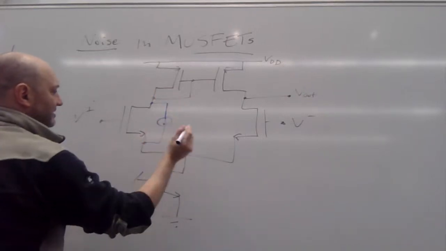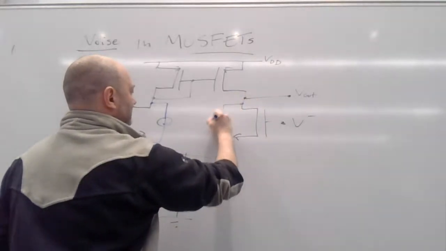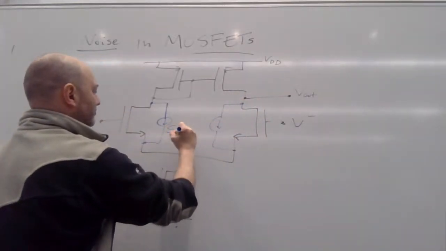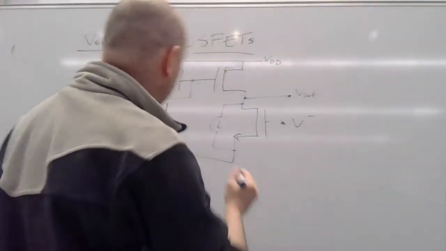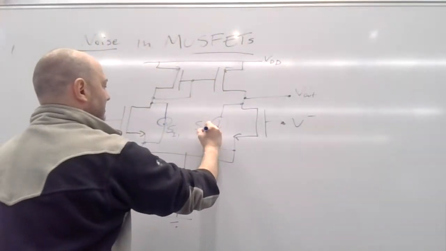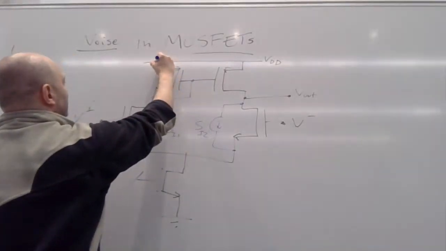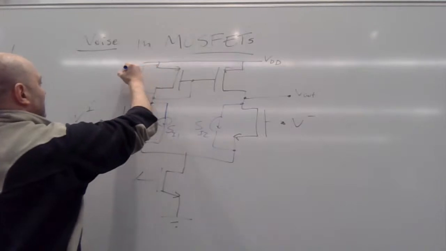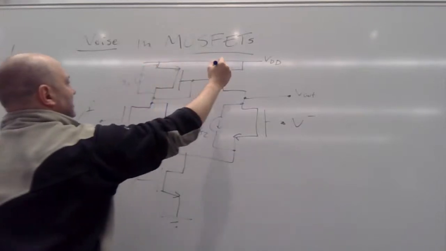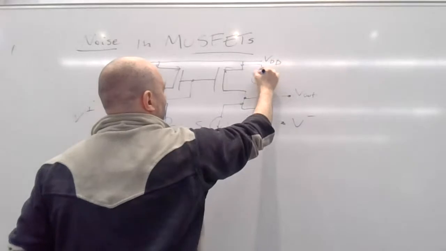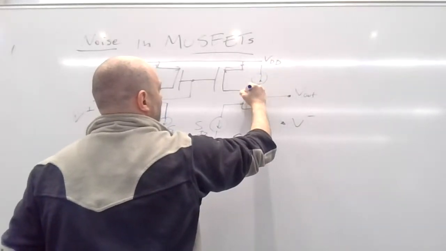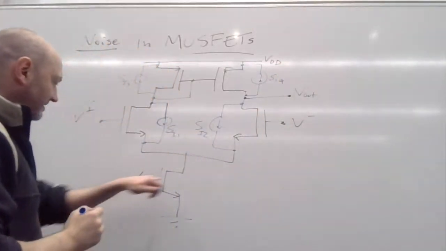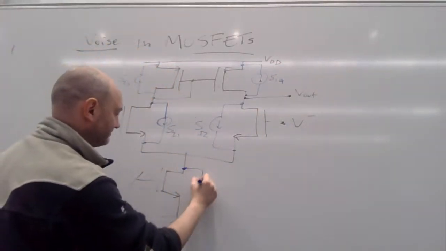This one is I1. Let's use the same for the next one, as I2, then I3, and I4, and then I5 over here.